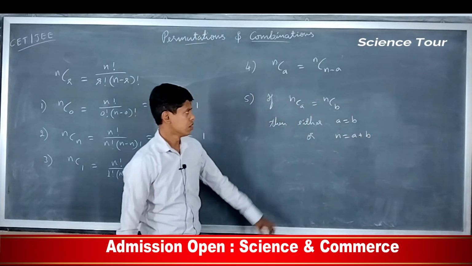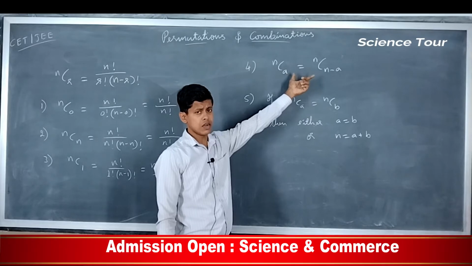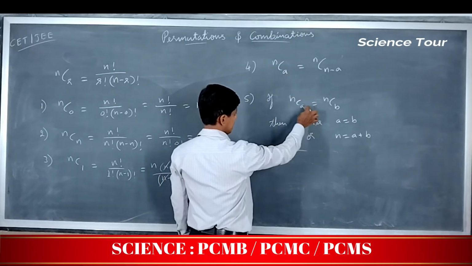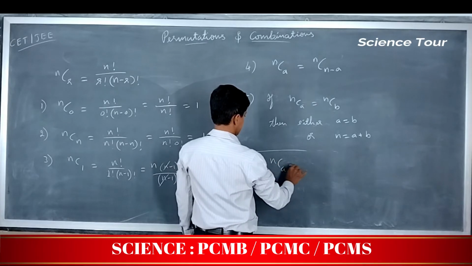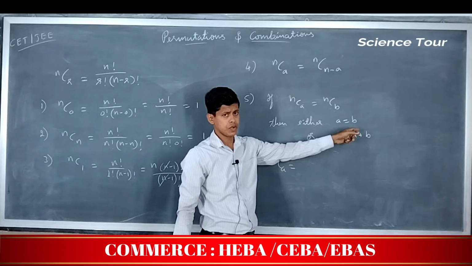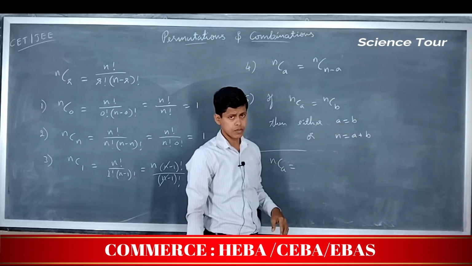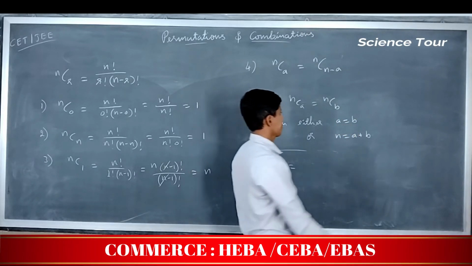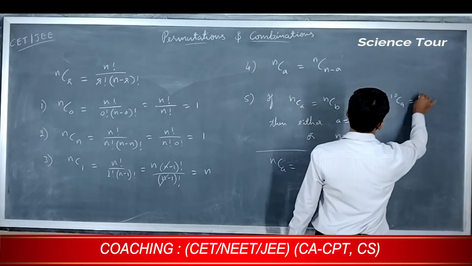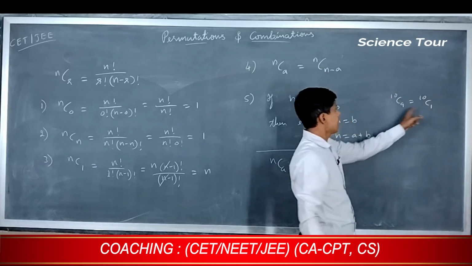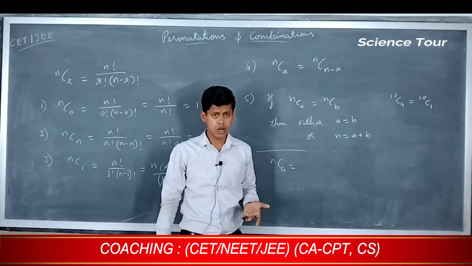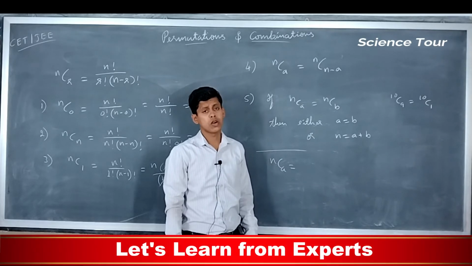Basically this is a derivative of that formula. If nCa is equal to nCb, then a and b must be equal, but it is not always so. Why? As I said, 10C9 is equal to 10C1, but 9 and 1 are not equal. So a and b need not be equal. It may be equal sometimes, but need not be always.